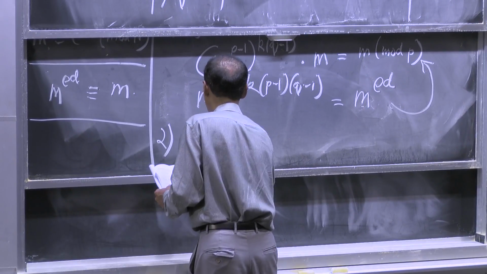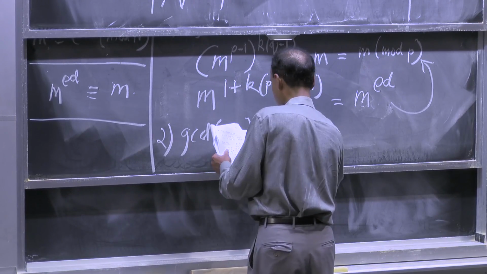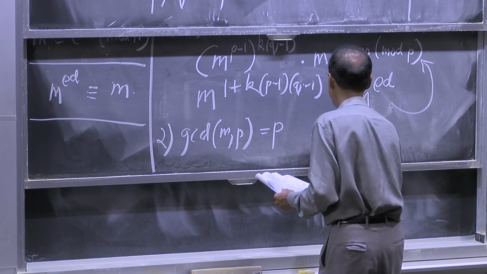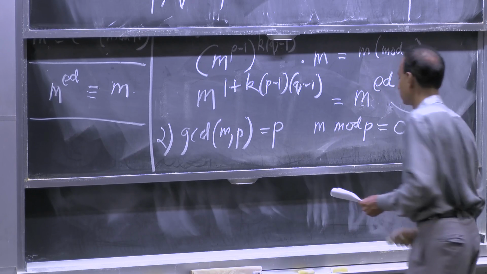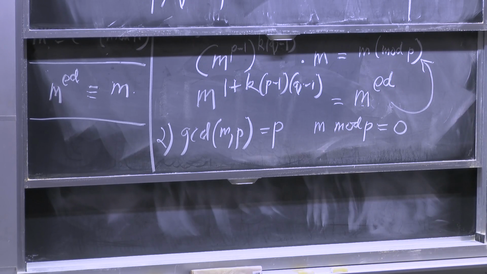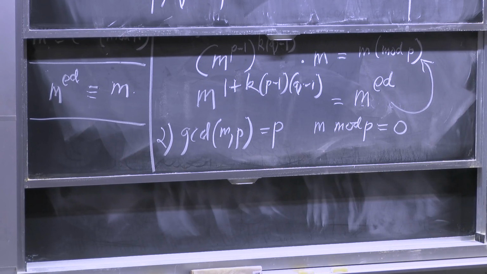And then the easier part is simply the case where the m is actually a multiple of p. So you have GCD m comma p equals p. And in this case, you know that m mod p is actually 0. Because m is a multiple of p, right? So you're basically exponentiating 0. Whatever you do with 0, you're going to get 0 on both sides.